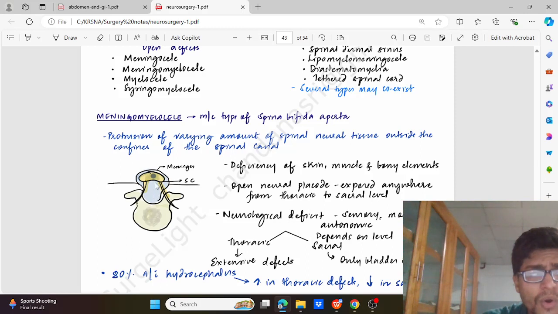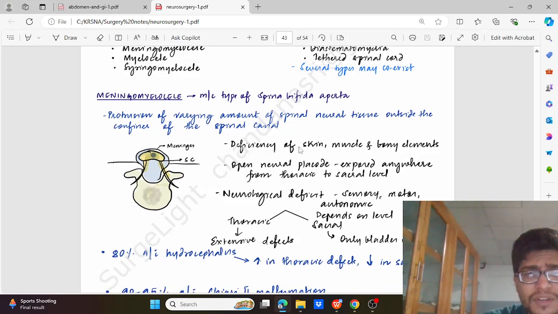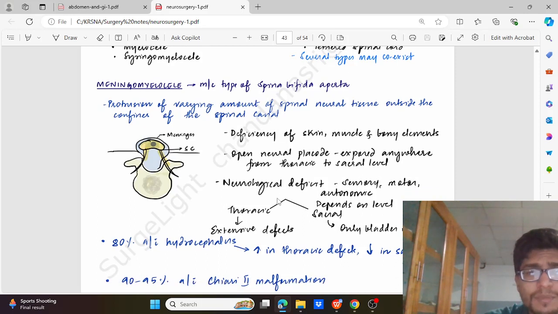So the spinal cord is coming outside the spinal canal and causing issues. There will be deficiency of skin, muscle and bony elements in the back. The neural placode will be open and exposed anywhere from thoracic to sacral level, and there would be neurological deficit, could be sensory, motor, even autonomic.